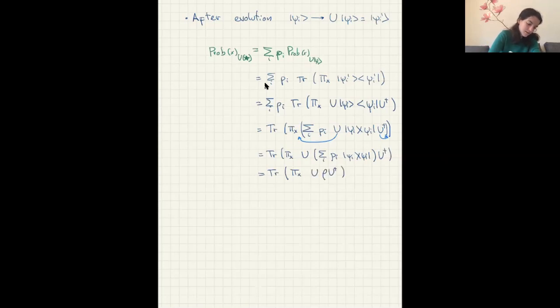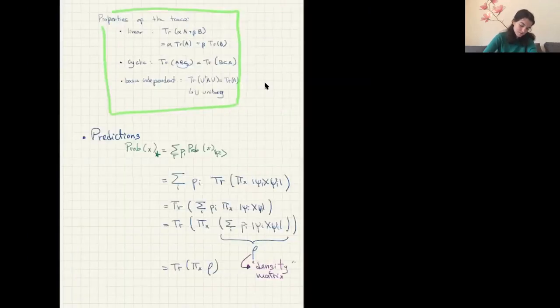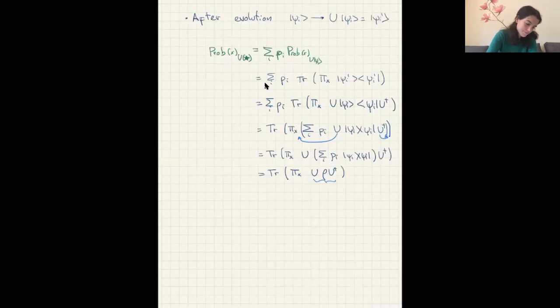Which means this is the evolution of rho. So that means that rho under some unitary evolution u goes to u rho u dagger.